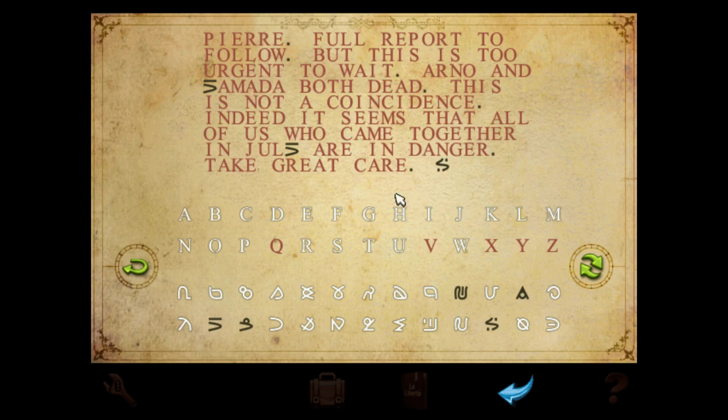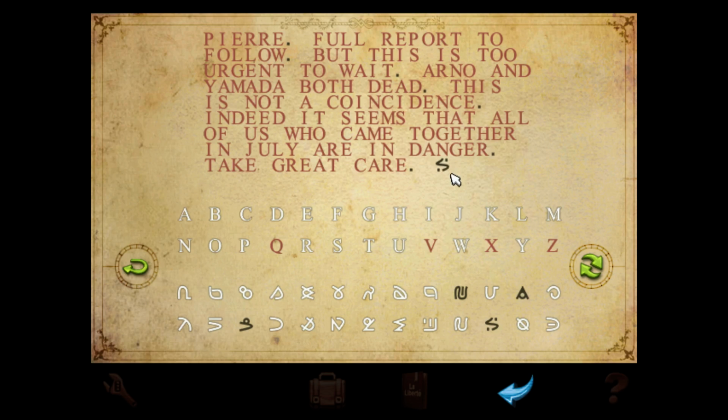If that's true, then this and this. Arno and Yamada. Yes, because one person that was killed was Japanese, or he was killed in Japan at least, so Yamada is a Japanese name. So we've really got it now.